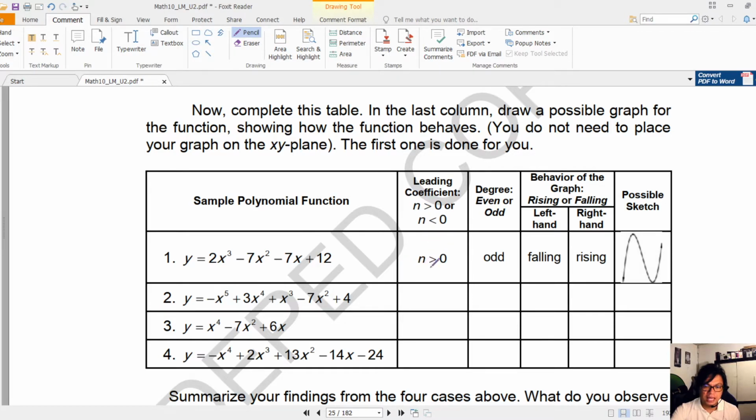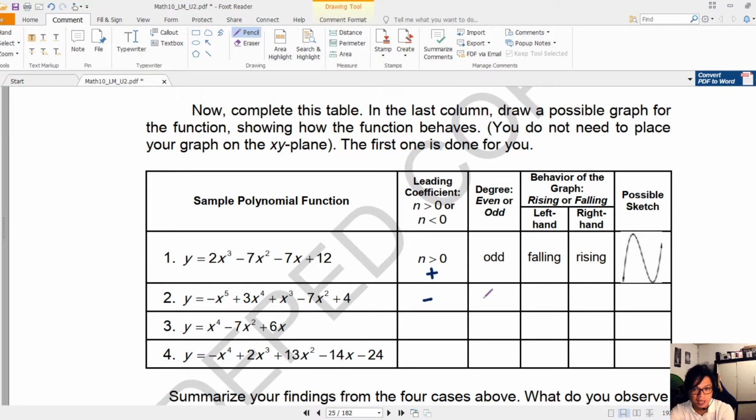Leading coefficient natin is greater than 0, in other words, it's positive. Then, the degree is odd. So, ang magiging itsura ng ating graph is falling, rising. Ito yung case number 1. The second one naman is the leading coefficient is less than 0, which is negative number.